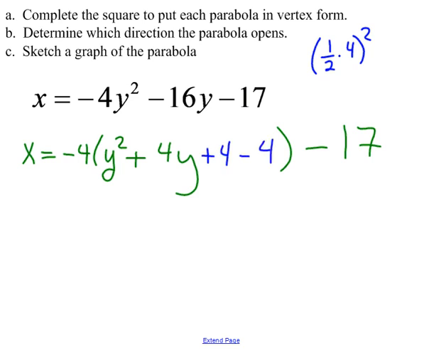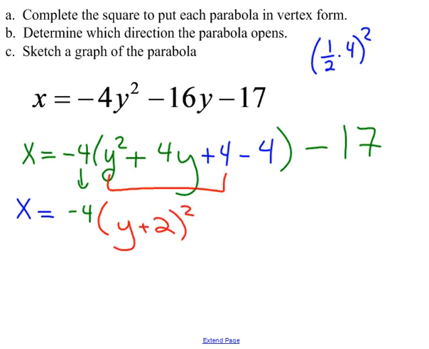Okay, then I go ahead and factor my first 3 terms. Carry my 4 down. So if I factor my first 3 terms, I end up with (y + 2) quantity squared.